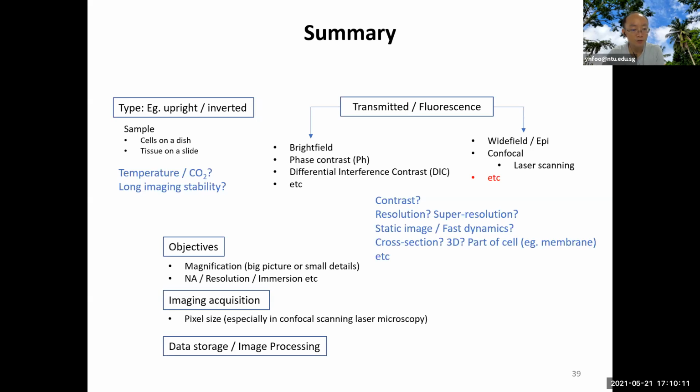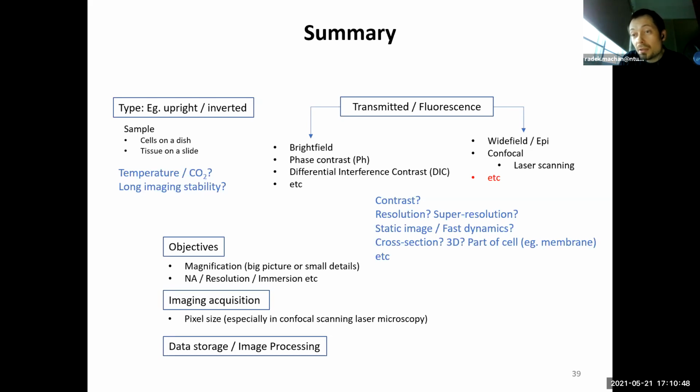So I'll leave it to Vedek to do the final conclusion. Okay, thank you, Gui. I would add to the last point, the image processing. Of course the experiment doesn't end with acquiring the image, and there's a lot more work that can be done with the images. I already mentioned things to improve the quality of the images, like deconvolution or any of these new AI image processing methods.